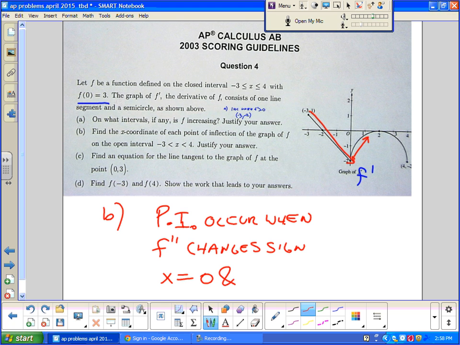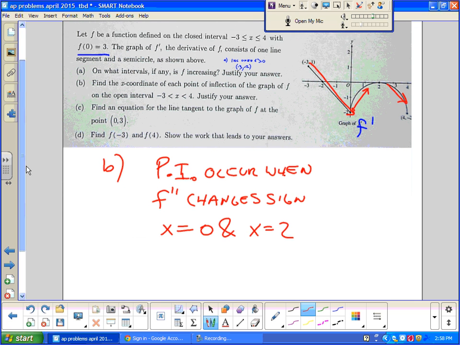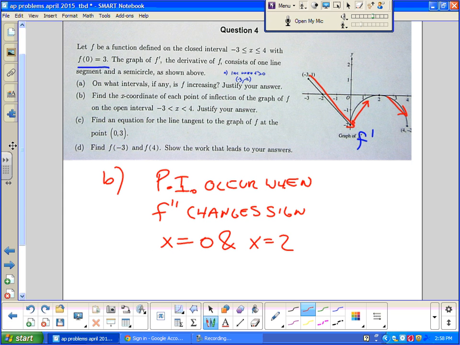And, again, there's a sign change at x equals 2. Points of inflection occur when f prime prime changes sign. And I would probably make a note that at x equals 0, f prime goes from decreasing to increasing.